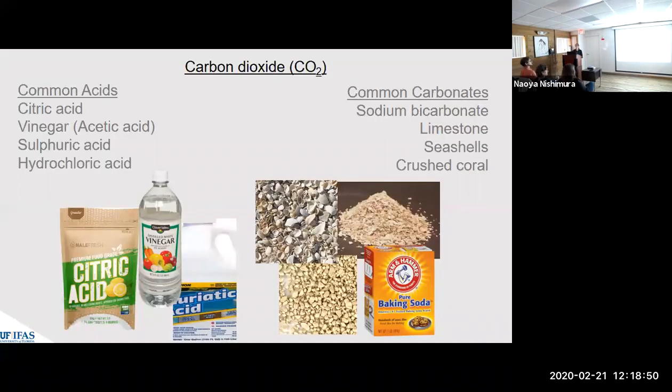Carbon dioxide is another lure, very commonly used in many traps around the world, in the form of dry ice or a gas tank. However, it's very expensive. It's hard to transport to remote areas. It can be unavailable. So in our lab, we produce CO2 from the combination of a common acid and common carbonates.